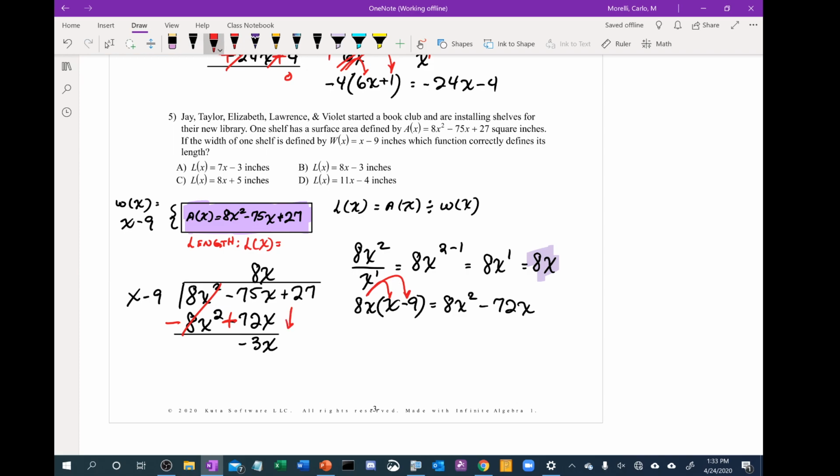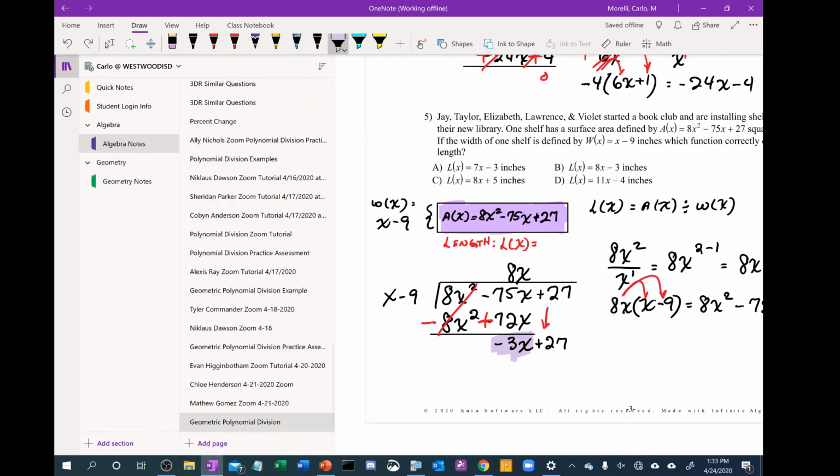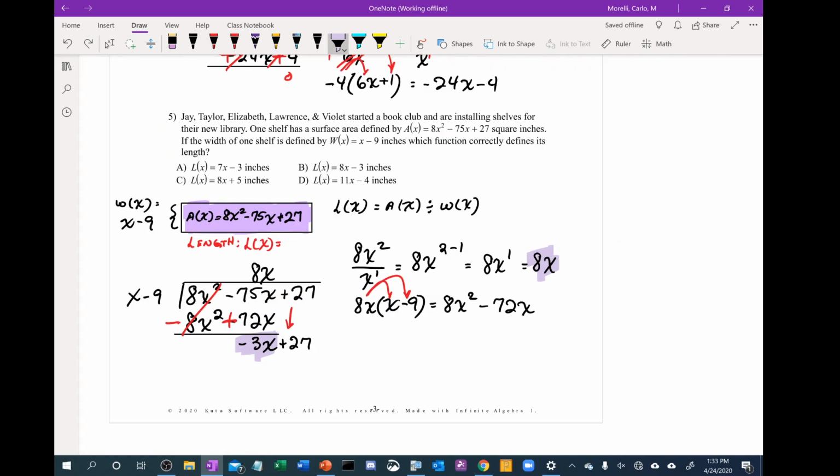We bring down the next term of the dividend with its sign, plus 27, and we start the process all over by dividing negative 3x by x. First term of the dividend by the first term of the divisor. So in side work, we have negative 3x divided by x. Recall that both of these have exponents of 1, and there's nothing to reduce numerically, so we just jump to applying the quotient rule.